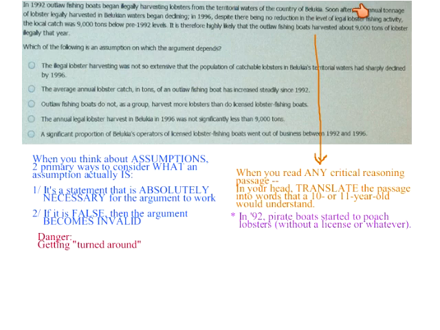Yeah, the legal fishing boats didn't catch as many lobsters in terms of total pounds. So the amount of lobster caught by the legal boats went down.